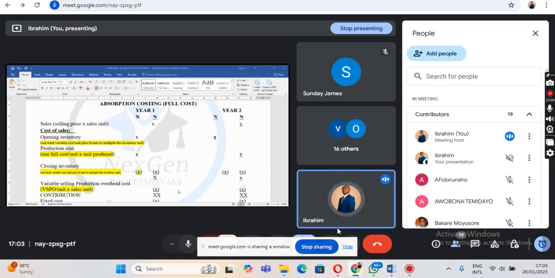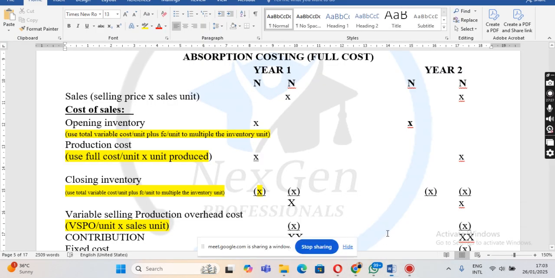When we get to absorption, and CVP, we can use one class for CVP, or two classes: one for the single product, another for the multiple product, then we move on. If you understand this from the beginning, you will not have any issue in performance management or management information, because it's still the same thing.